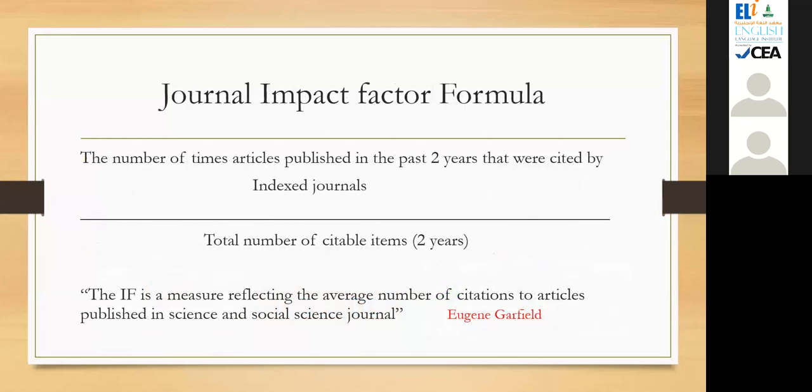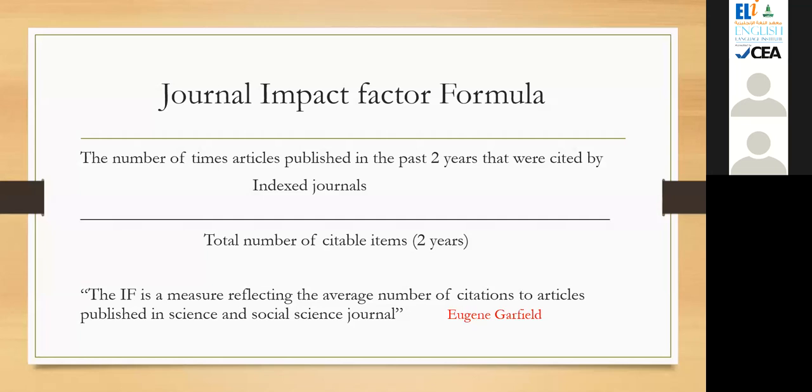Now I will explain what the impact factor is. Each journal should have an impact factor, and it is a simple calculation. It is the number of times articles published in the past 2 years were cited by indexed journals, divided by the total number of citable items.